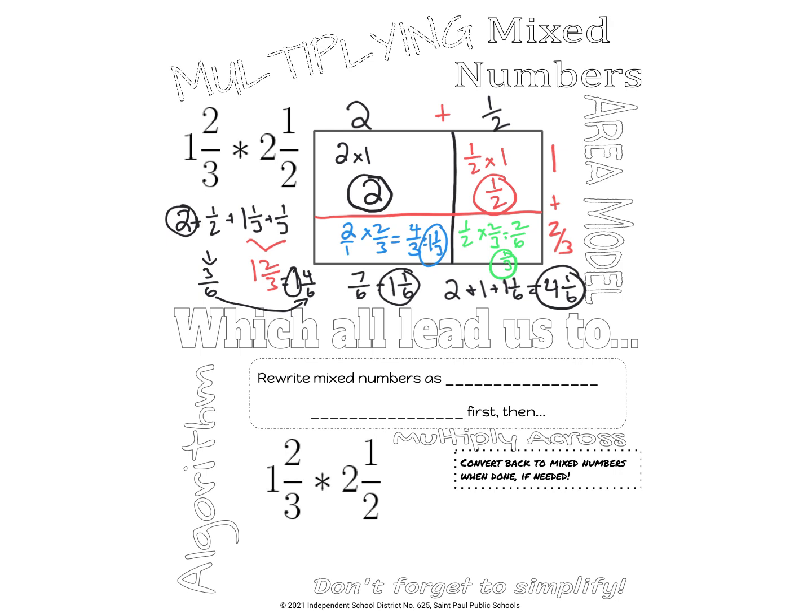And we do that by just rewriting mixed numbers as improper fractions, because then we're just looking at them like they're fractions, and we get to just multiply across like we did with our regular fractions.